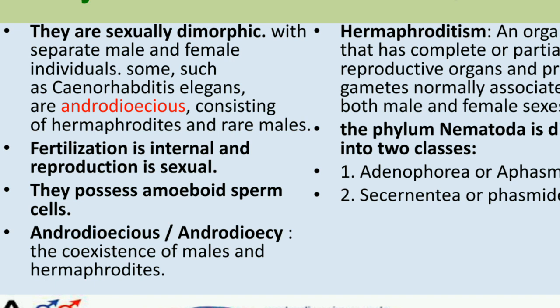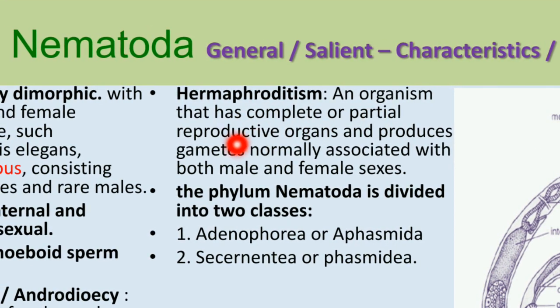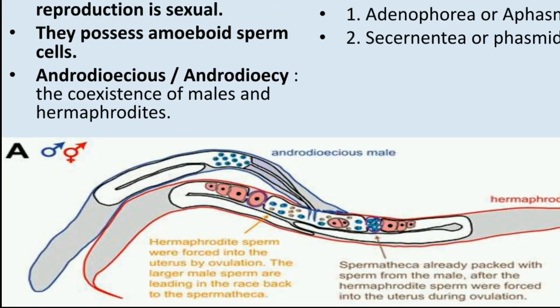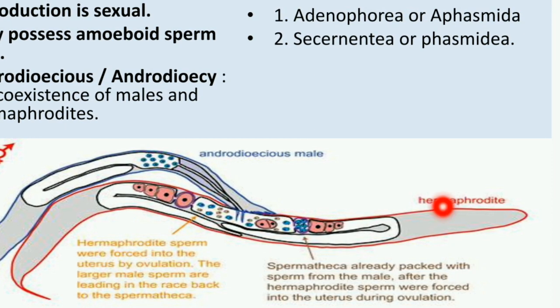You know what a hermaphrodite is? It is an organism that has complete or partial reproductive organs and produces gametes normally associated with both male and female sexes. So here this is Caenorhabditis elegans. You can see this is the hermaphrodite.